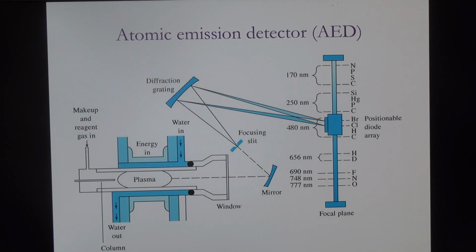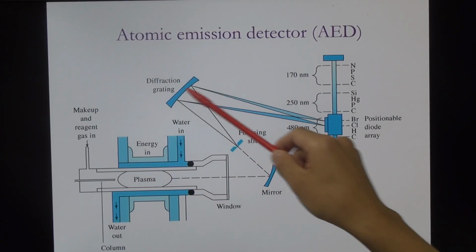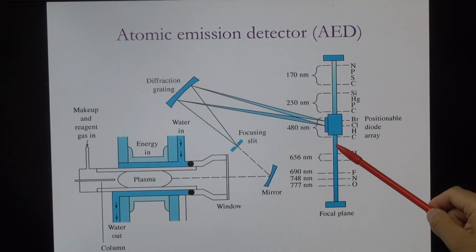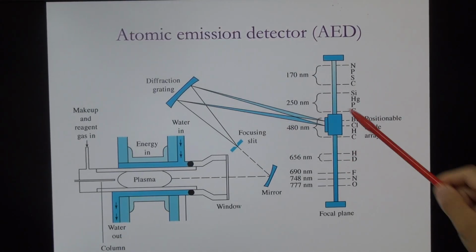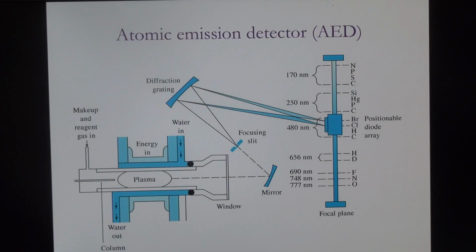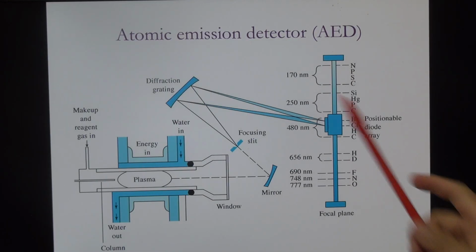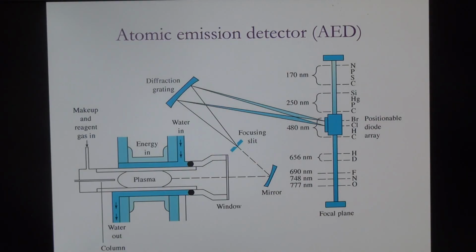So from the column, we got analytes, and we make plasma, and from this plasma we measure atomic emission. For different kinds of atoms we can detect different wavelengths. So this atomic emission detector is very element dependent.